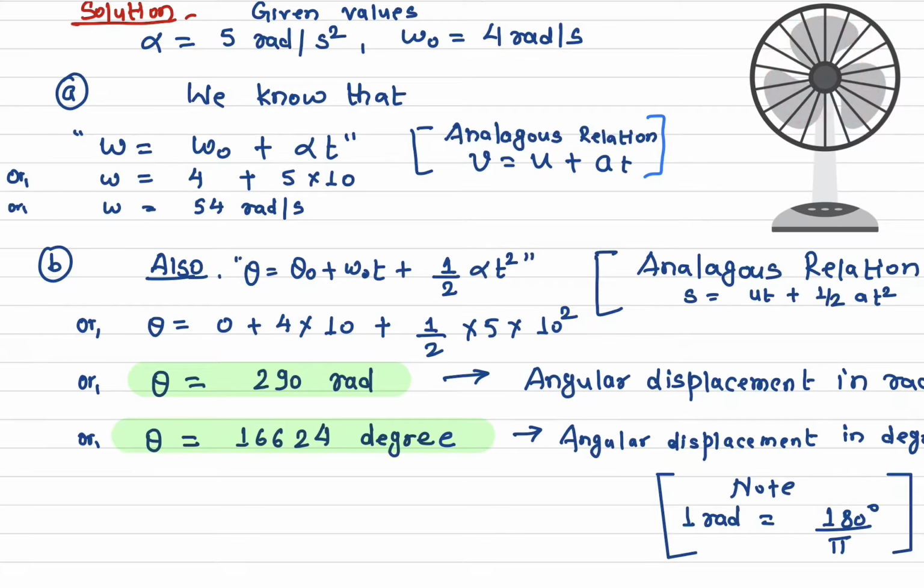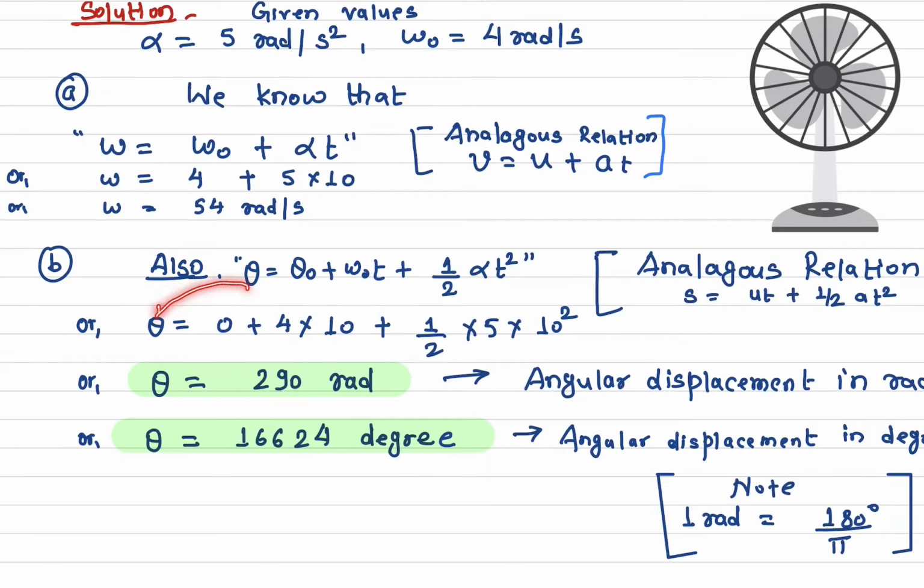So the only thing that is changing is the angle here. And theta naught is the initial angular position, u is the omega naught, again t is the time, and a is replaced by the alpha. So this is our relation in rotational dynamics for calculating the angular displacement.